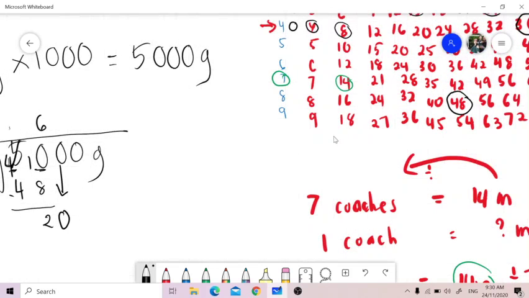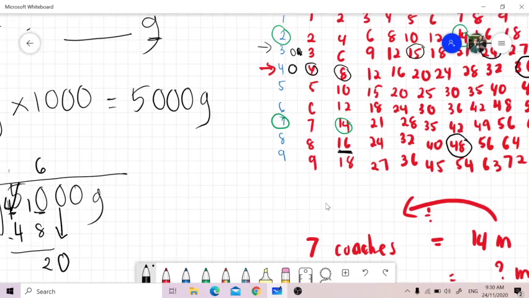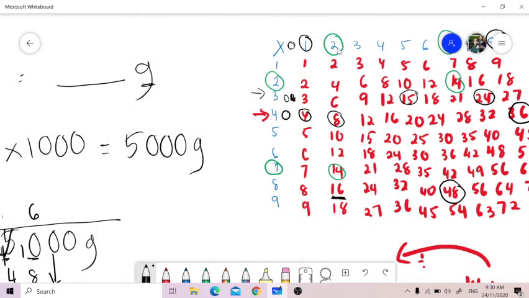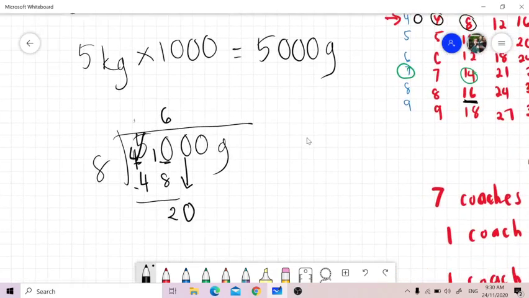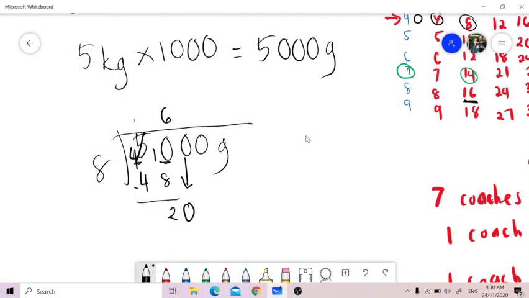Dalam sini ada 20. Oh, tak ada 20 but we have 16. 16 kita gunakan. Atas 16 adalah nombor 2. Okay, so take 2 and then 16 di bawah. Okay. Turunkan lagi.